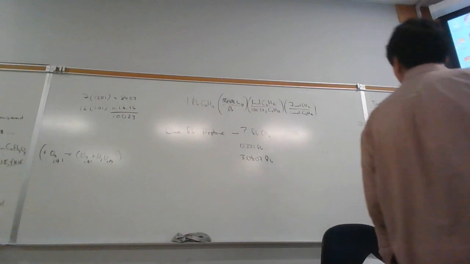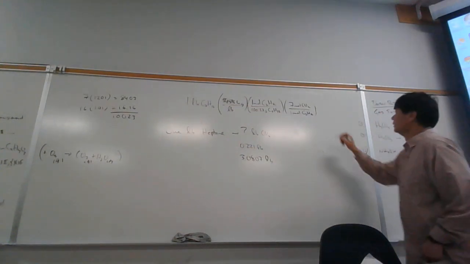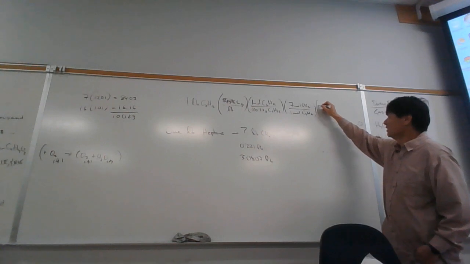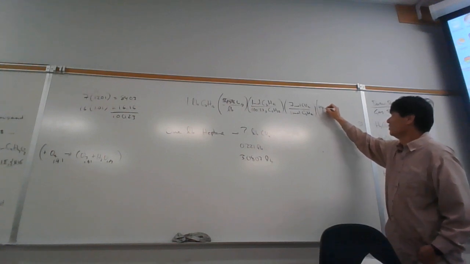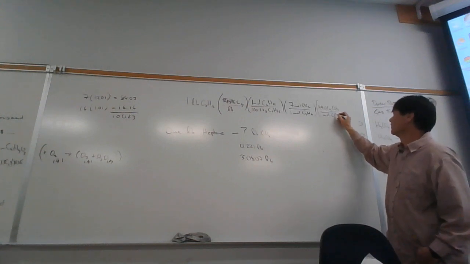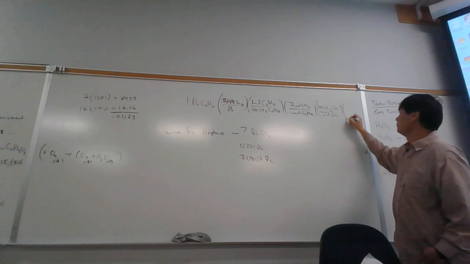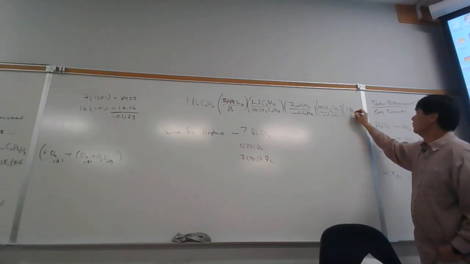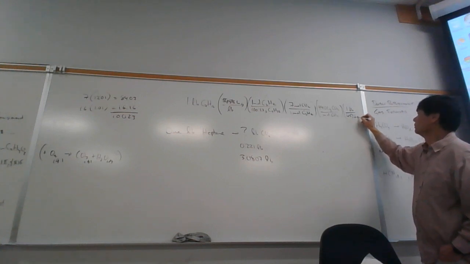And then what? They convert that back to grams. Yeah. What's the molar mass of CO2? We had it up earlier. Let's put it back up there. And then back to pounds. 1 pound is 453.6 grams.